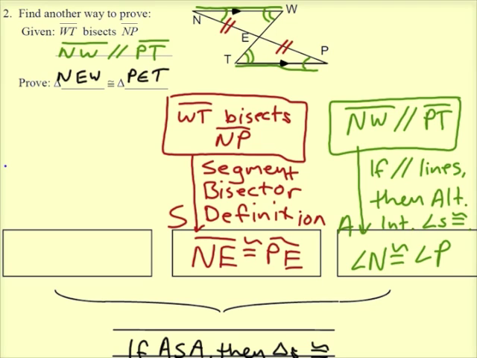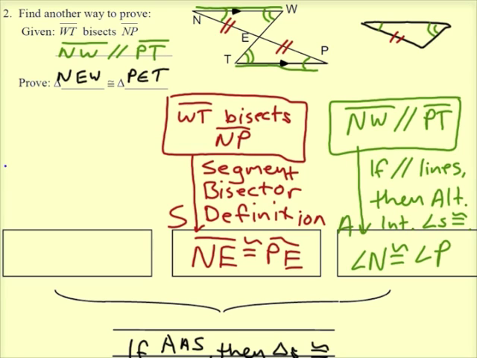The difference is, instead of using ASA, we would be using AAS. And here's why. In AAS, the pair of sides that are congruent are the non-included sides. So if we just consider triangle NEW, we know that this segment, this angle, and this angle are the used segments and the used angles in that proof.